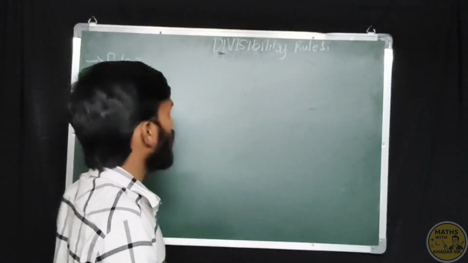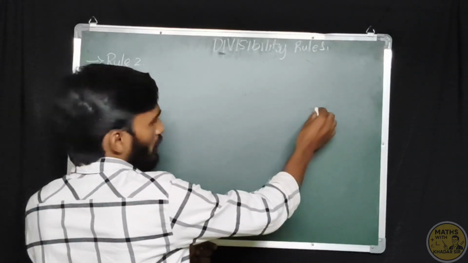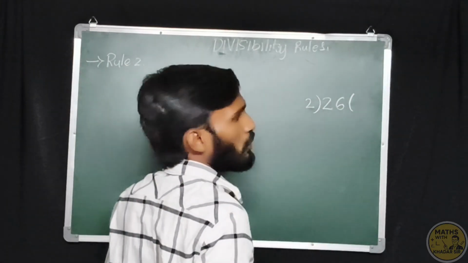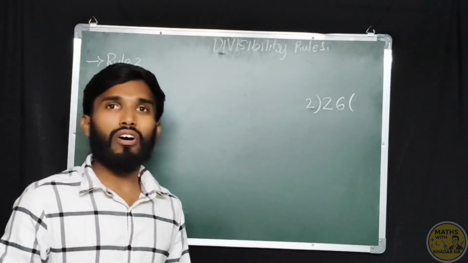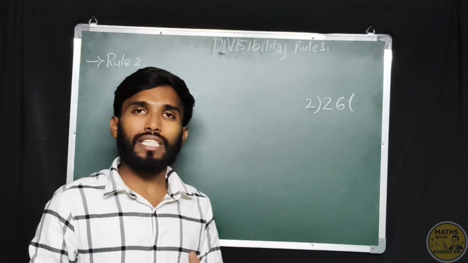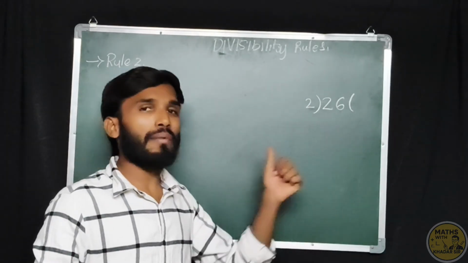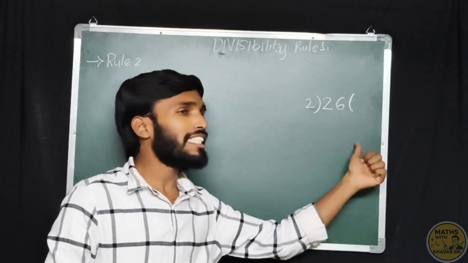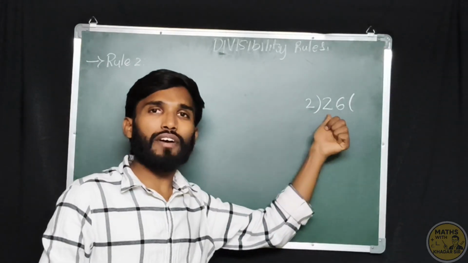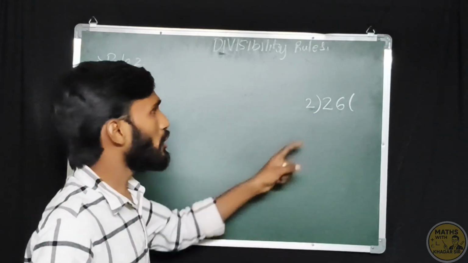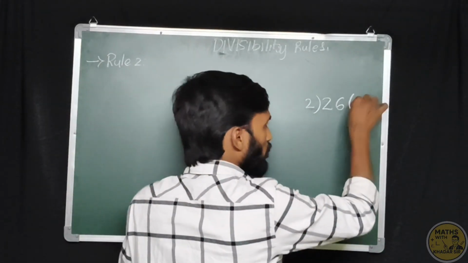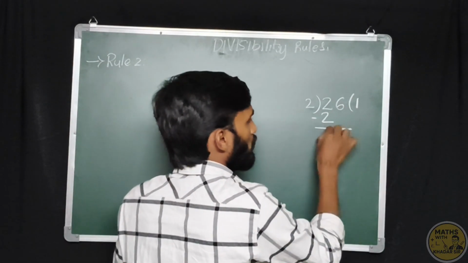Now for example, I am taking the example 26. Now divide this by 2. If you get the remainder 0, then 2 divides 26 completely. What is completely dividing? Completely dividing means nothing but getting the remainder 0. How many times? 1 times 2 is 2, subtract, 0.